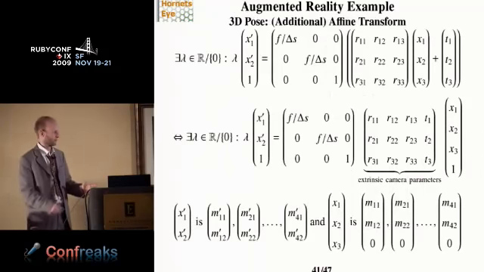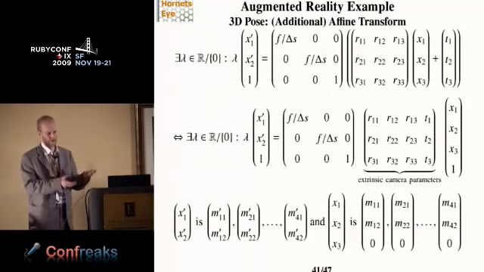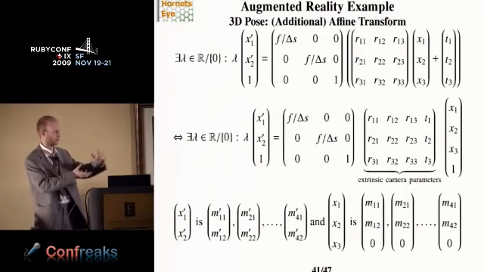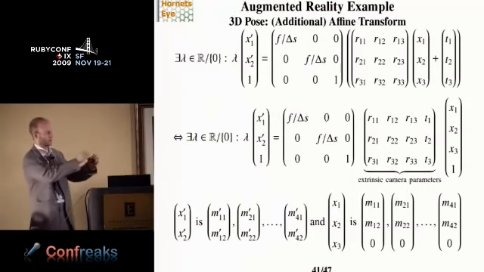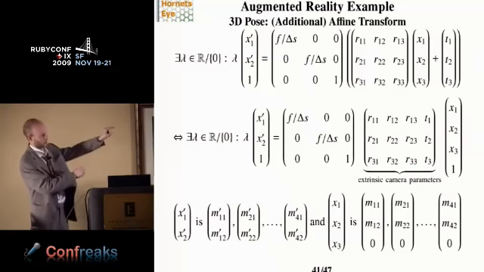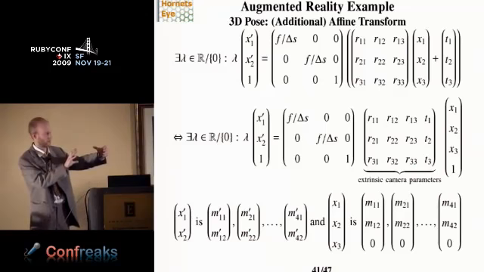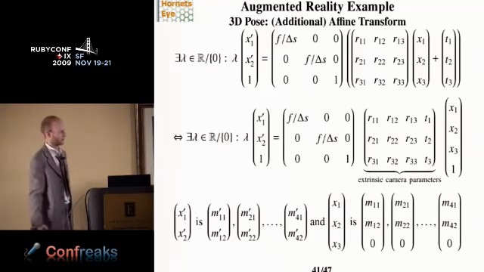And then when you've done this, it's much easier to introduce additional 3D rotations and translations by just taking the point x1, x2, x3, the vector. We just multiply it with a rotation matrix, and we add a translation vector.